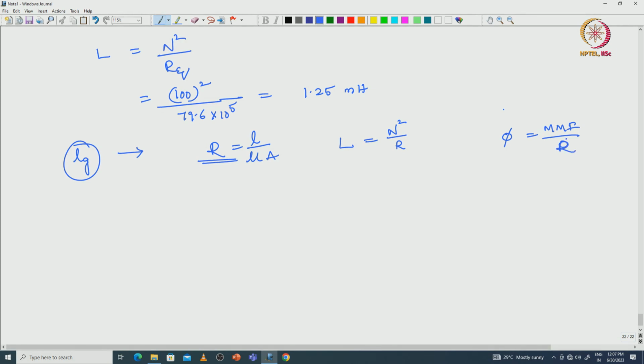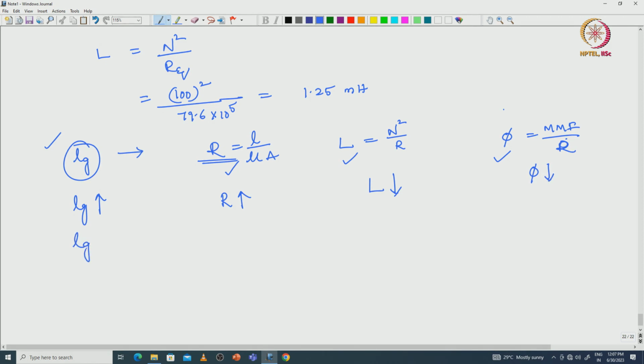So, how will these parameters, reluctance, inductance and flux magnitudes, vary by changing the air gap length? If we increase the air gap length, what will happen? Reluctance will also increase, inductance will come down and flux will also come down because of the inversely proportional relation.